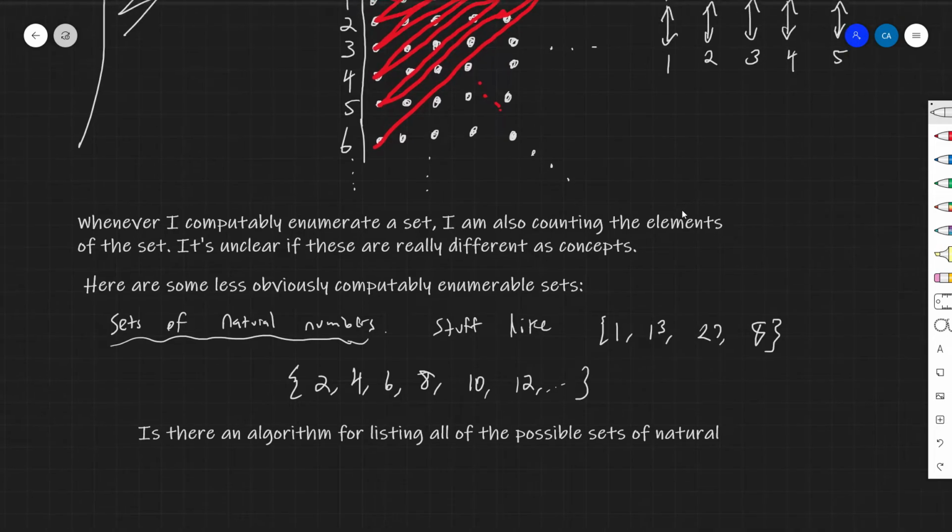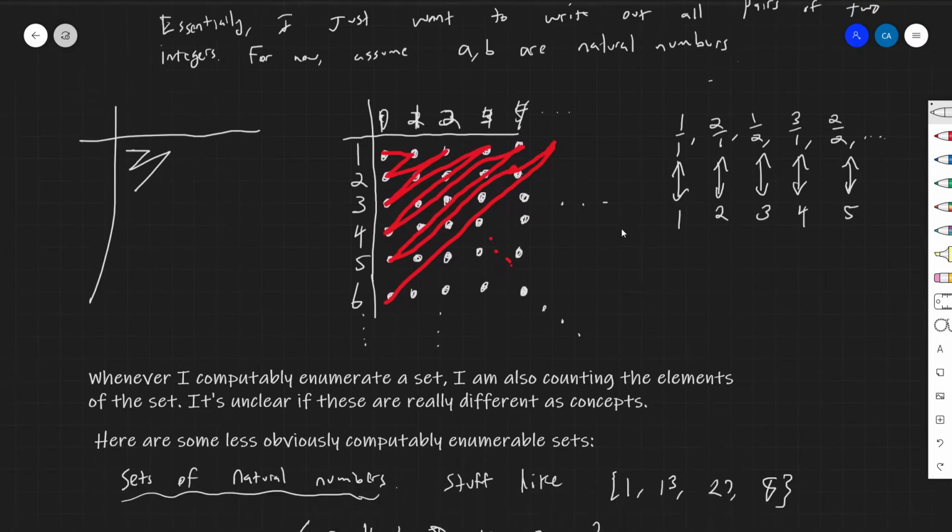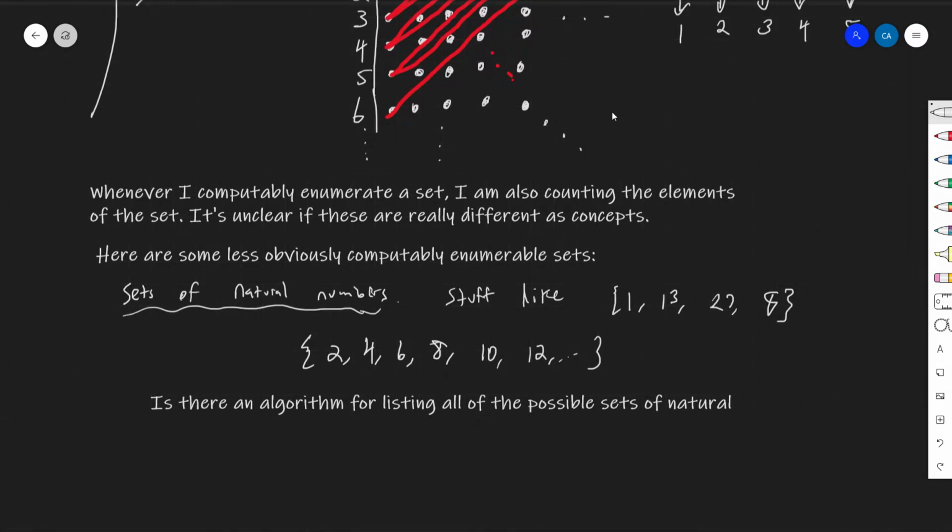That's a lot less obvious. I think that even the rational numbers, which confuse a few people, have an obvious algorithm you can use to list them all out. This is almost natural, I think. But if you walk away from this video, and you should, think for a little bit: how could I possibly give you an algorithm that would go through every possible set of natural numbers, including the infinite ones? I think you're going to find that it's very difficult.